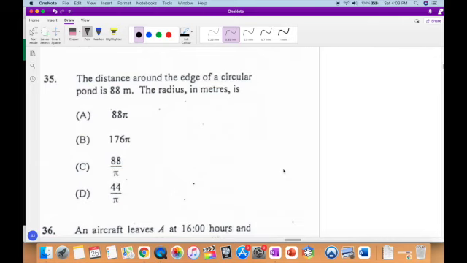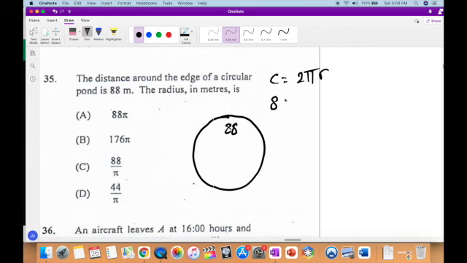The distance around the edge of a circular pond is 88. The radius in meters is. The distance or the perimeter around the edge of a circular pond is 88, right? So the distance around it is 88. That is the circumference. So the circumference is 2 pi r.